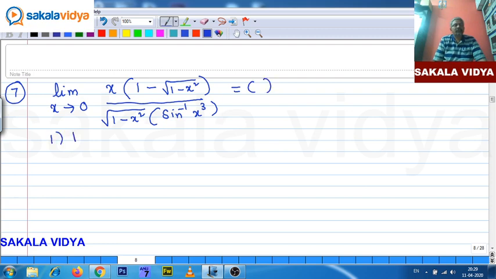First option 1, second option 1 by 2, third option is minus 1 by 2, fourth option is minus 1. This is the question.